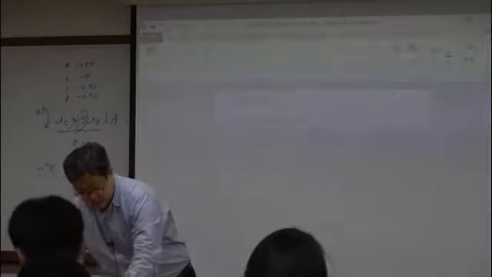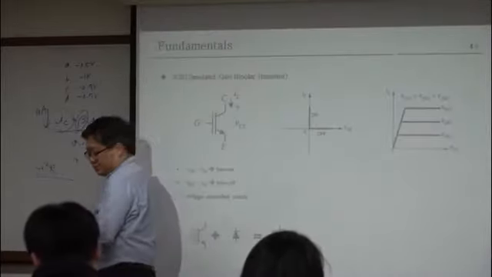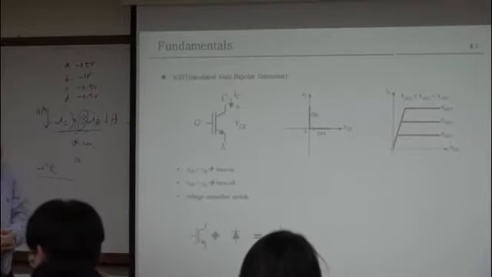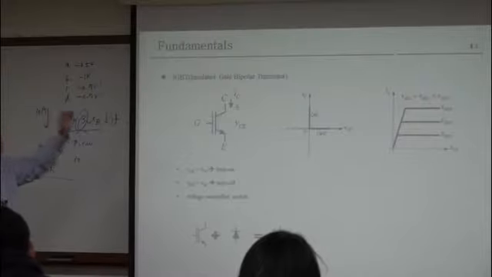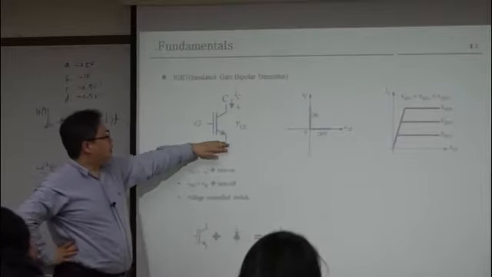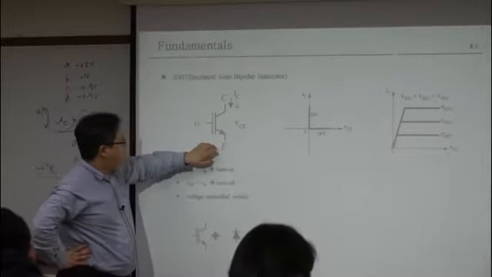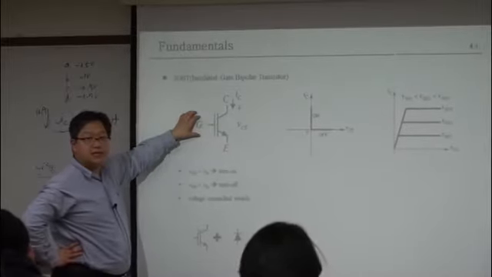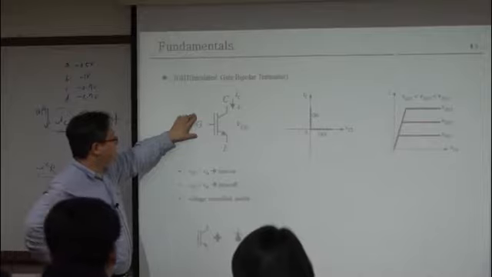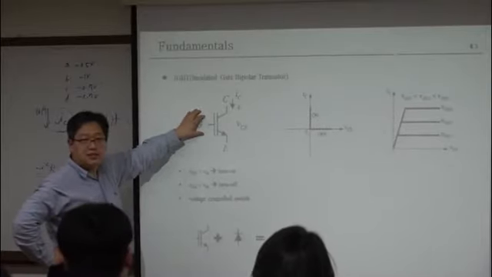Okay. Let's move to IGBT. Here, the symbol of IGBT is here. Collector, emitter, and gate. In BJT, this terminal was base.